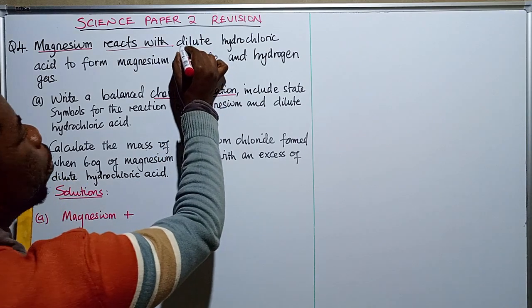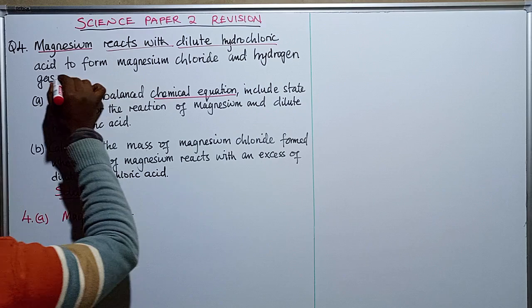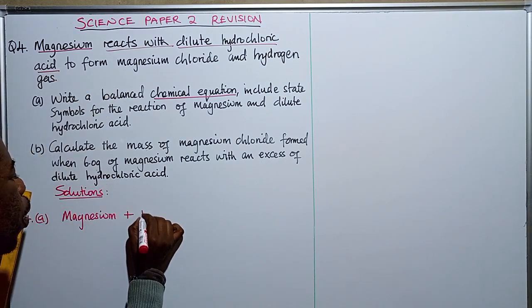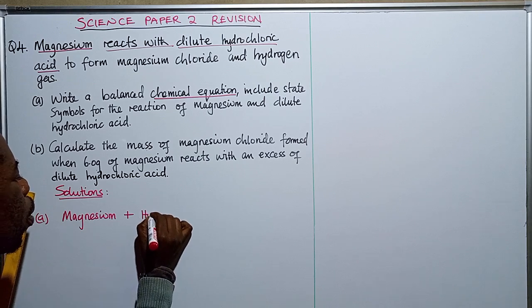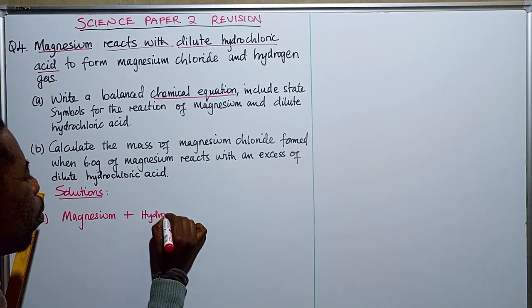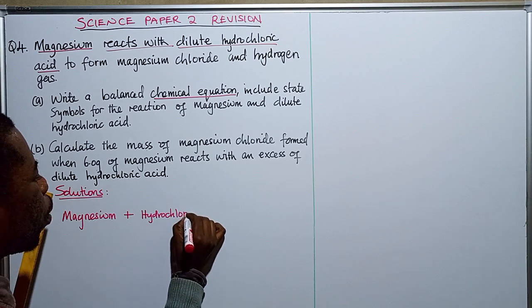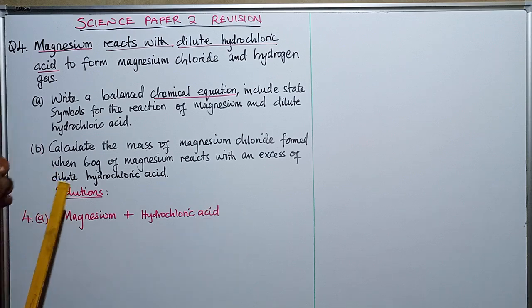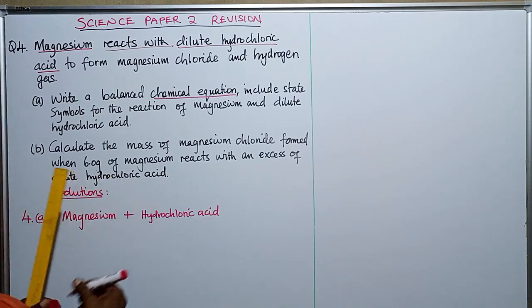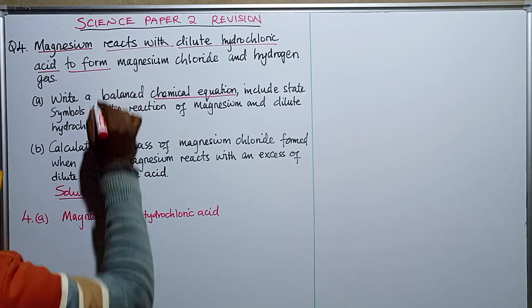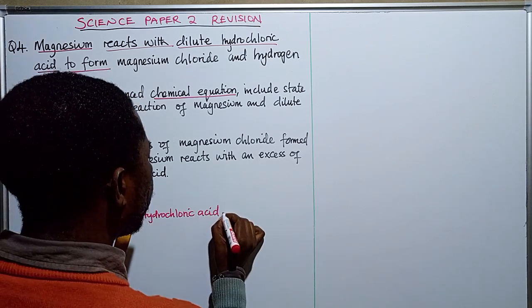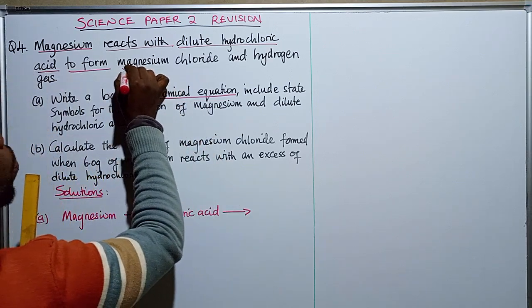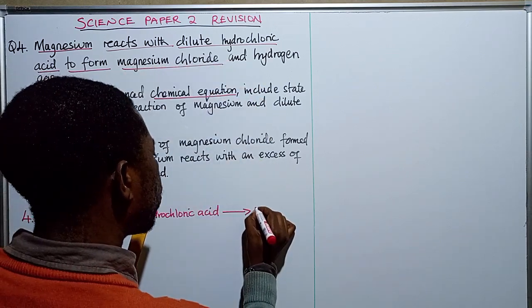Then dilute hydrochloric acid; just write hydrochloric acid like this. Next, they're saying "to form," and when they say to form, you put the arrow. Then what is being formed? Magnesium chloride. So write magnesium chloride.